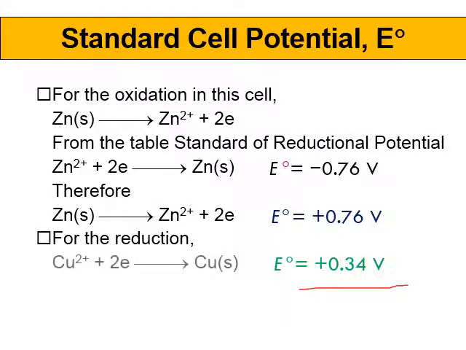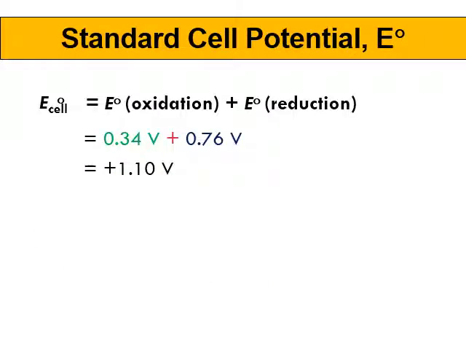Now only can you apply the formula: oxidation plus reduction. Oxidation is positive 0.34 plus 0.76 of the zinc just now that has been reversed, so the sign also becomes positive. Right? Alright, so the value is now the same as before, positive 1.10 volt. Okay, this is where you have to be careful.